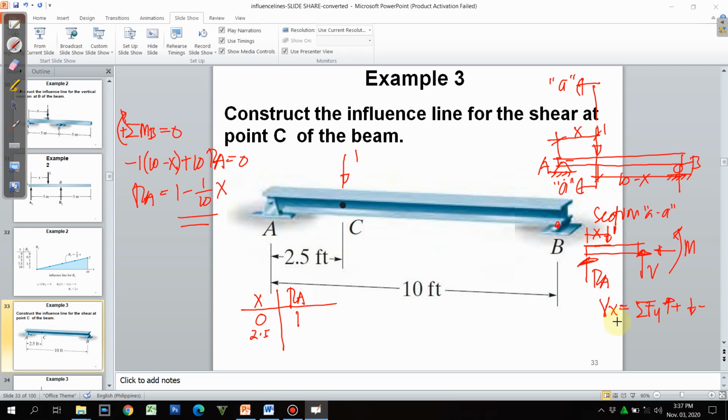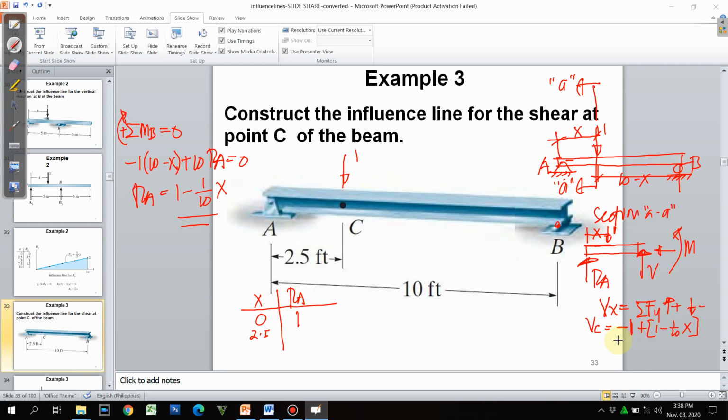So applying this Vx for the shear at C, we have Vc is equal to -1, the unit load here, and then the reaction at A, that is going upwards, plus 1 minus 1/10 of x.